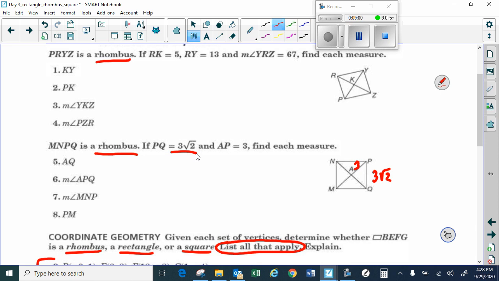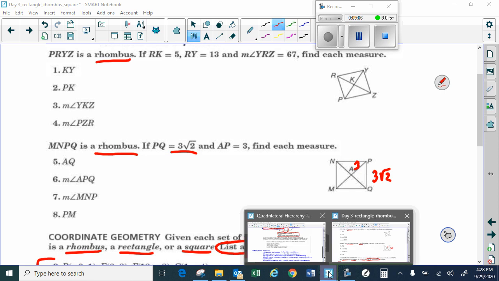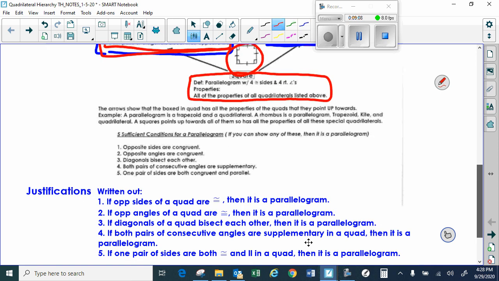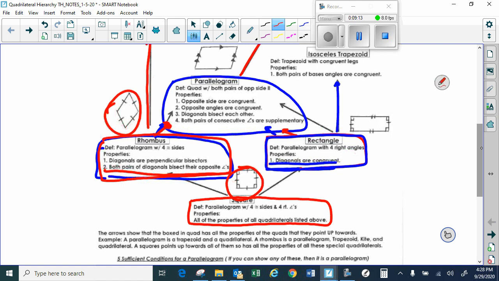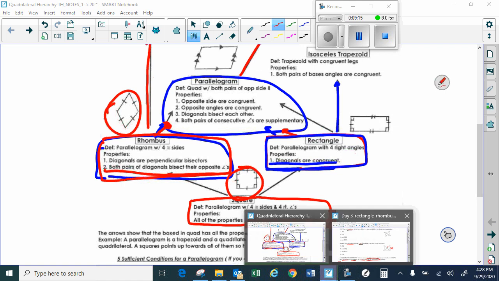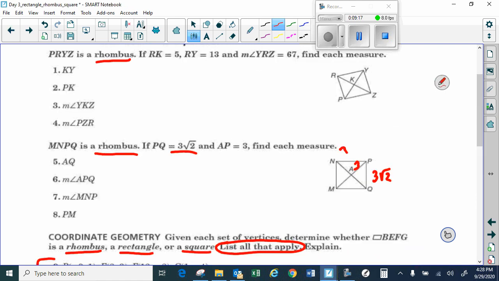So rhombus, again, I look at the characteristics. The definition is 4 congruent sides. So first off, if that's 3 root 2, this is 3 root 2, this is 3 root 2, and this is 3 root 2, because 4 congruent sides.